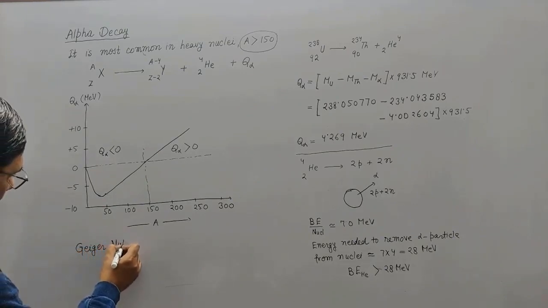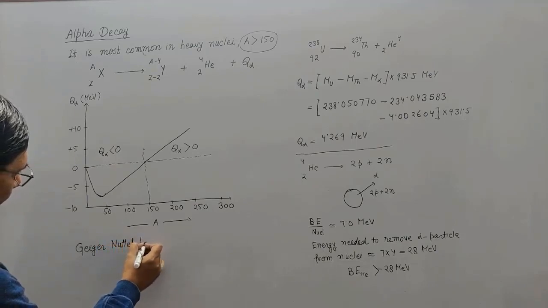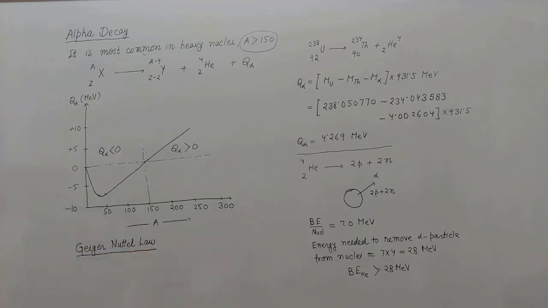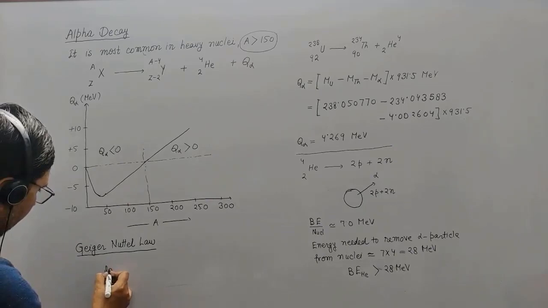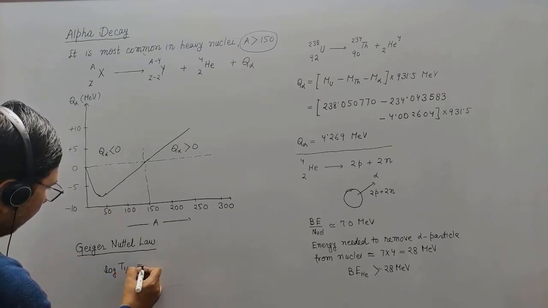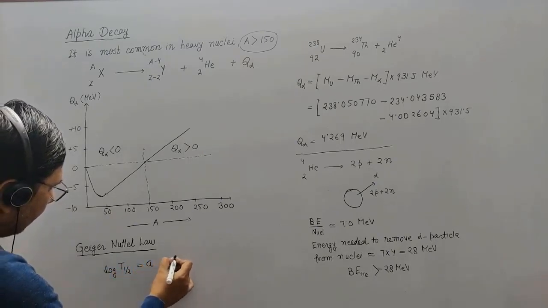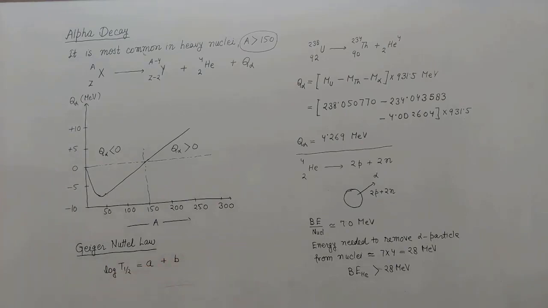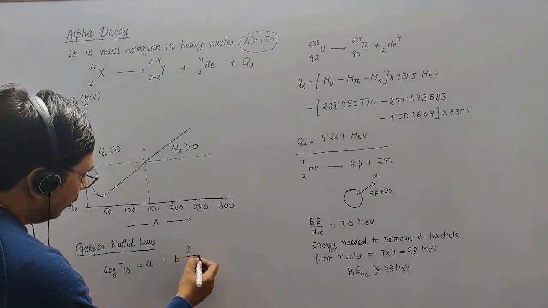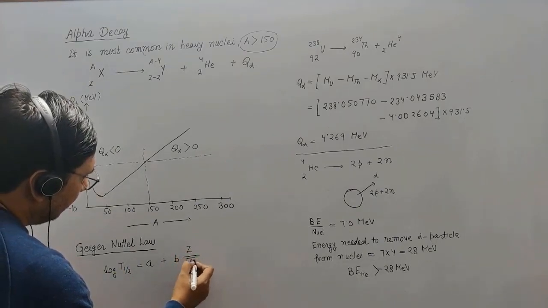Giger-Nuttall law. What information? This can have various shapes. You will find different linear equations; it will have different forms. One of these is log T half equals A plus B Z upon square root of Q alpha.